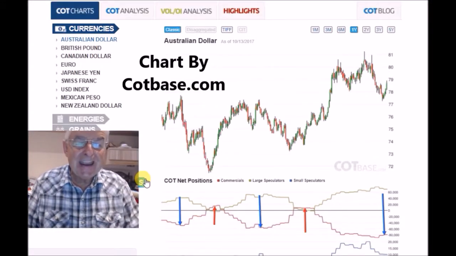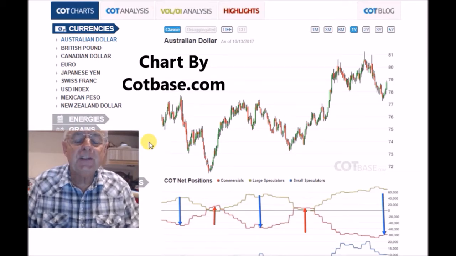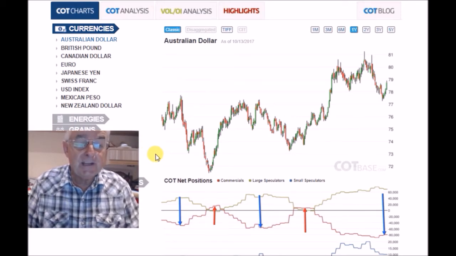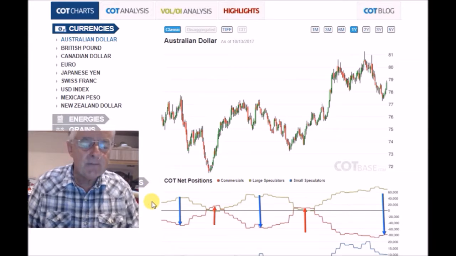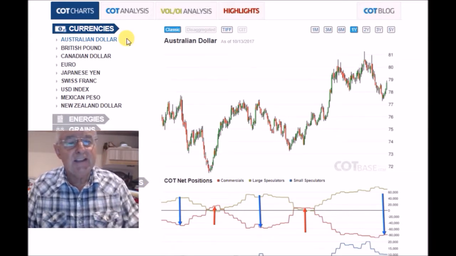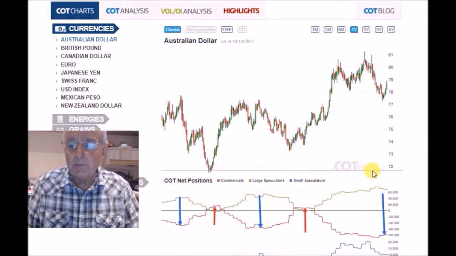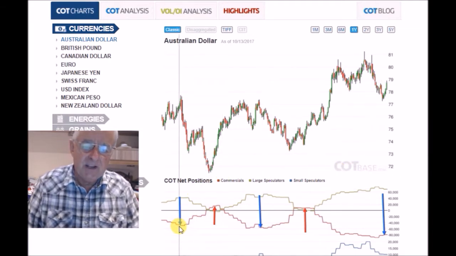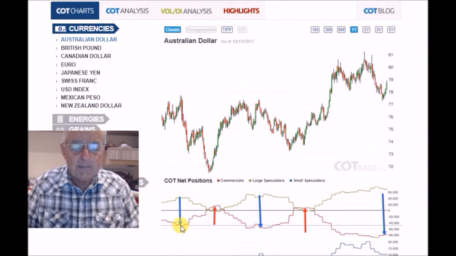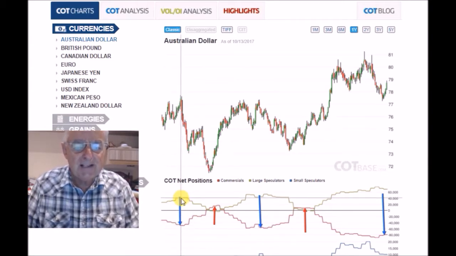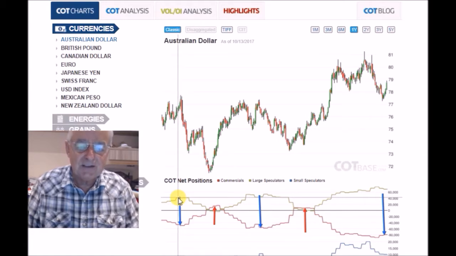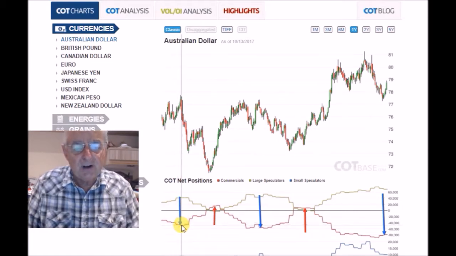And here we have a graph of the positions over 52 weeks, that's a year, for the commitment of traders of the commercials and non-commercials. And this is for the Australian dollar. This chart is produced by cotbase.com. And you can see here where we got to a low position with the commercials, and we're completely opposite to the speculators, and they've got a long position, so we're short.